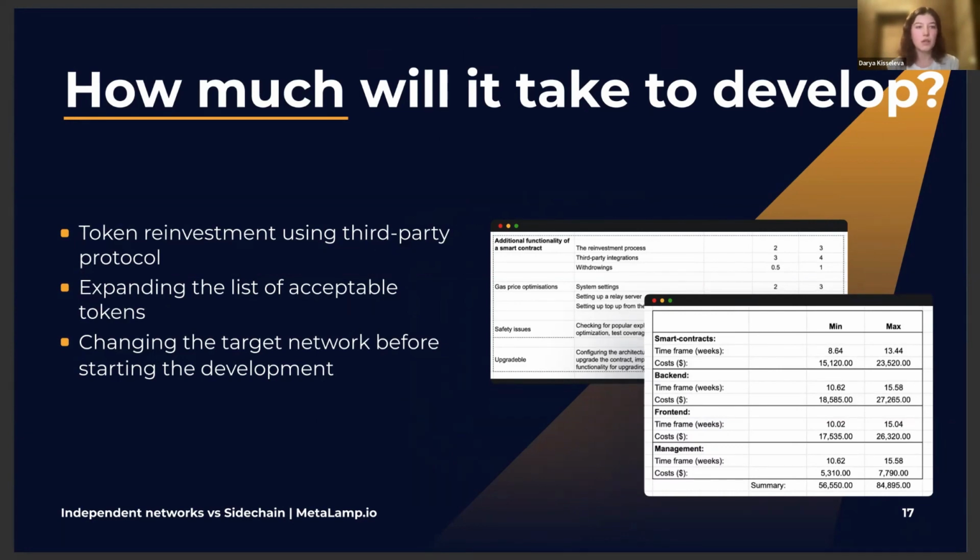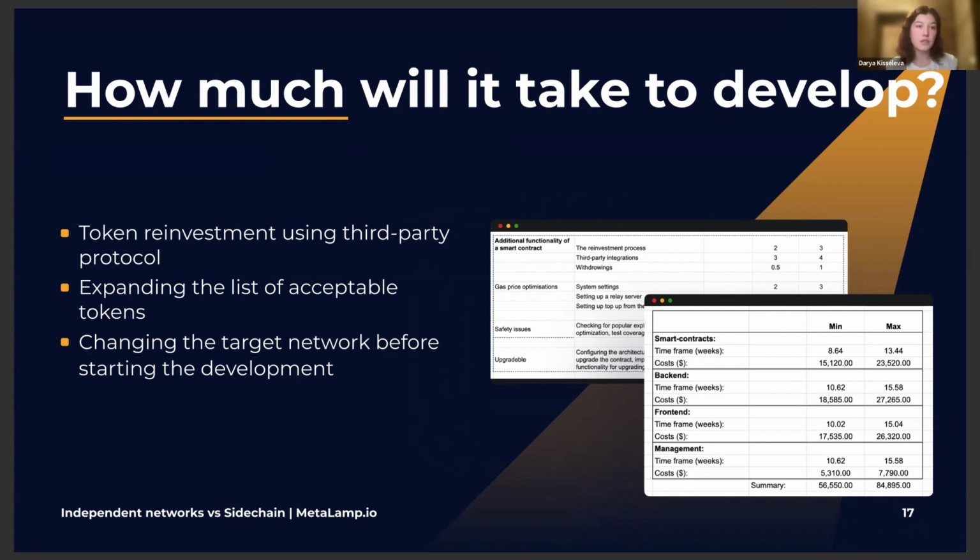For example, one of the possible ways of development is reinvestment of tokens that come into a service from buyers. We can connect existing and well-known liquidity protocols so that sellers can send their funds there, and we can get a percentage of their income from this reinvesting.